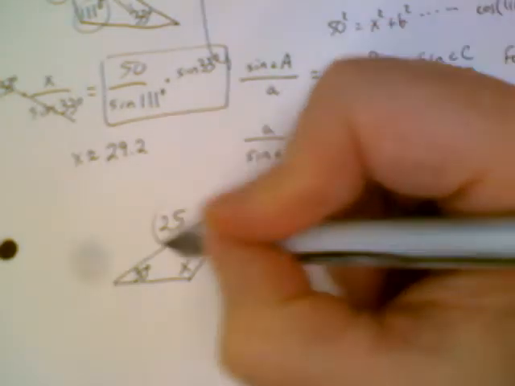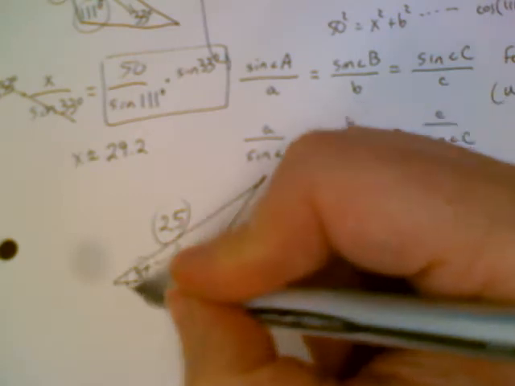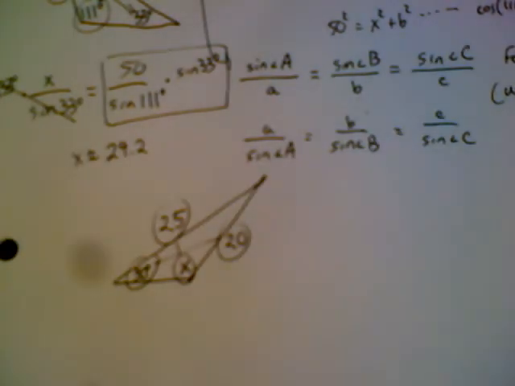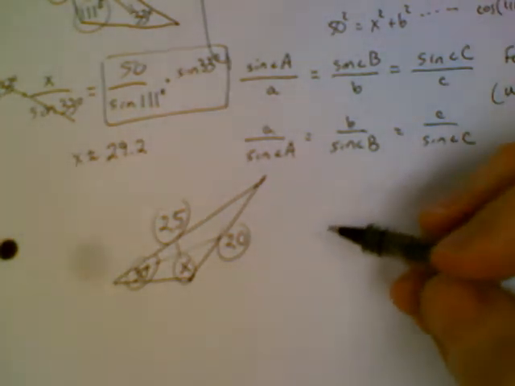Once again, I have a side and an angle that are across from each other, and I have another side and an angle that are across from each other. That's a pretty good clue that the law of sines will be useful to us here when you have two pairs of angles and sides that are across from each other.